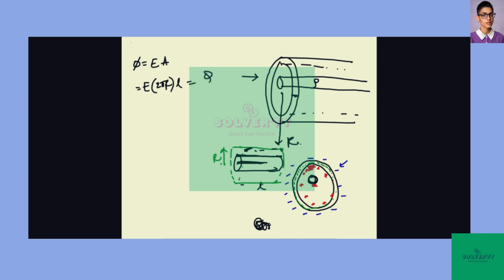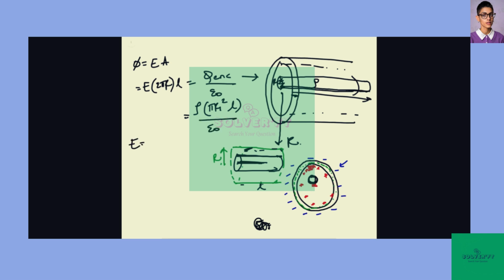Now, this is equal to the charge enclosed divided by epsilon naught. We know that the charge enclosed will be rho times the volume of the cylinder, and because the radius is R1, the volume of this cylinder would be the base area times the length, which is pi R1 squared L, divided by epsilon naught.